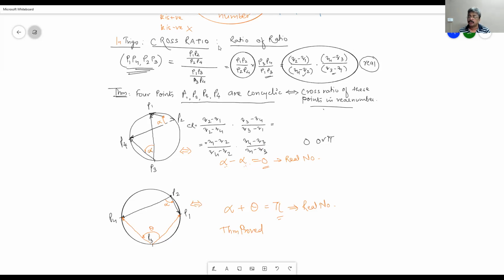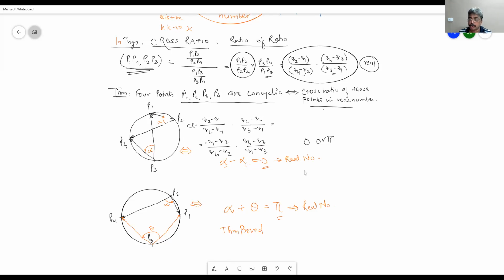If your cross ratio is a real number, then the points are concyclic. This is a very strong result because in geometry, to prove cyclicity of 4 points, we have different theorems.